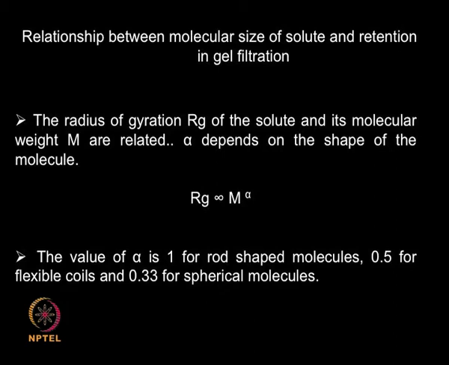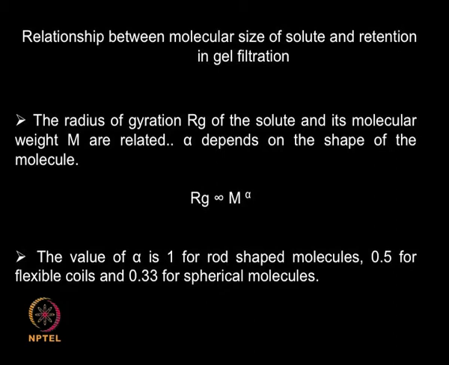So alpha is equal to 1 for rod shaped molecules, 0.5 for flexible coils and 0.33 for spherical molecules. So you can see that although the size, that is the radius of gyration, increases with increasing molecular weight, it is not always a linear increase, but it depends upon the shape.